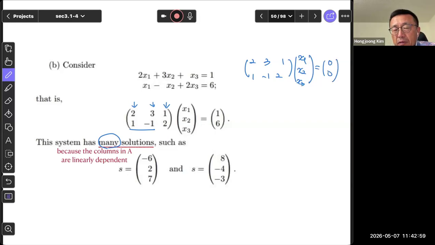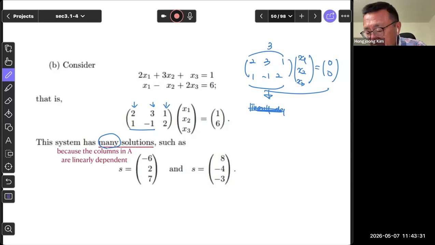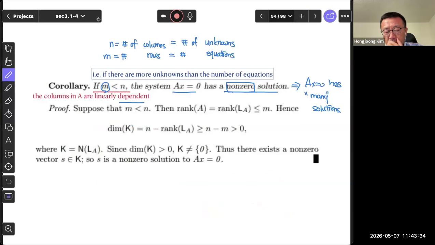The claim of this corollary is this: if you have more unknowns, three unknowns than two equations, then mathematically this matrix has linearly dependent columns, and this problem will have infinitely many solutions. Why do I have this?